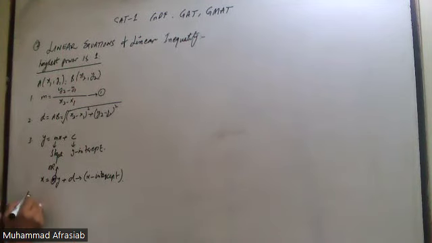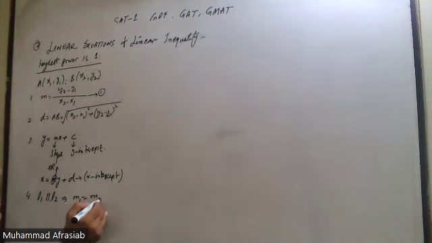Now, if two lines are parallel to each other, this means their slopes will be equal and they will have no solution, or no point of intersection between these 2 lines.